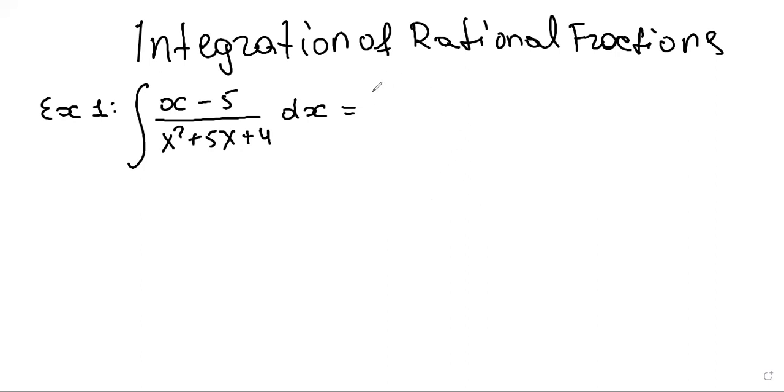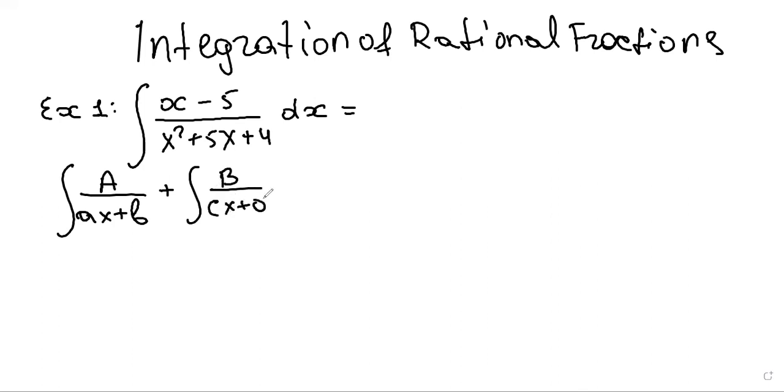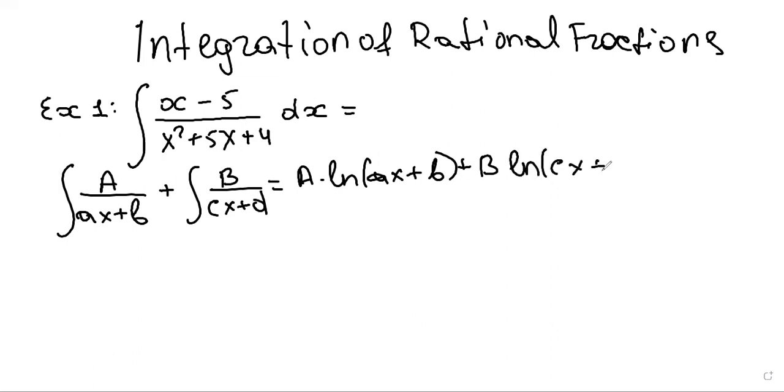We should write something like a divided by (ax plus b) plus b divided by (cx plus d), and that will give a times ln|ax plus b| plus b times ln|cx plus d|. But how are we going to do it? I'm going to show it right now.